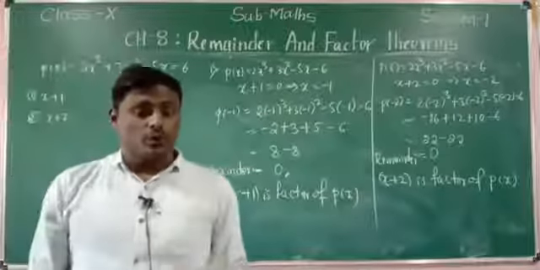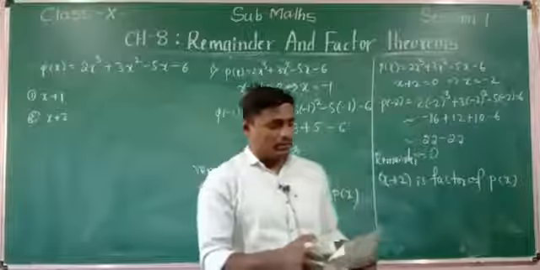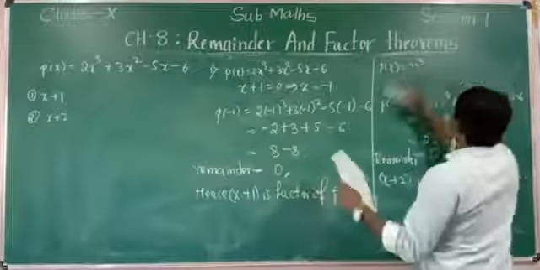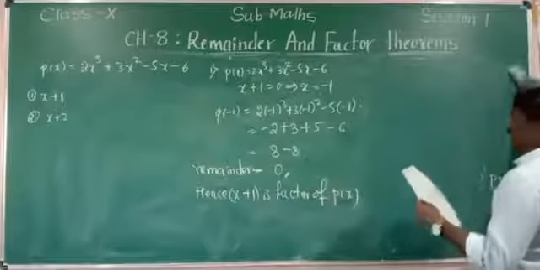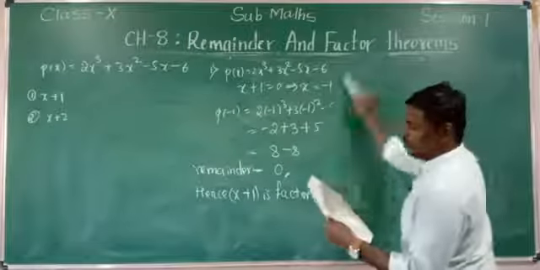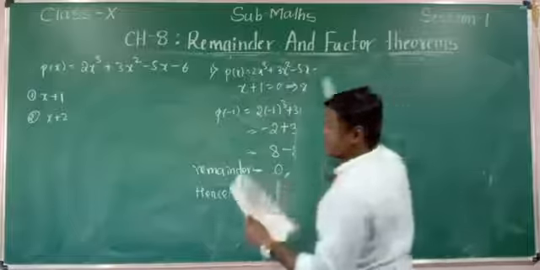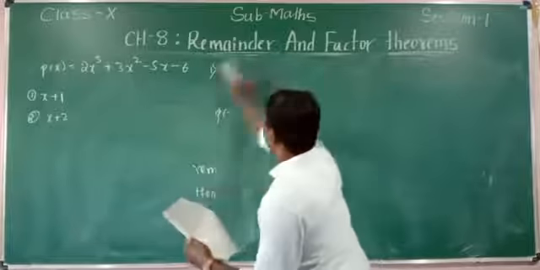If 2x plus 1 is a factor of 2x square plus ax minus 3, then find the value of a.